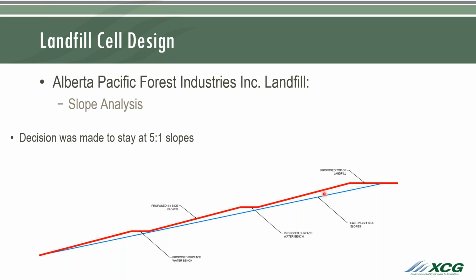So again, the decision was made to just stay at 5-to-1 side slopes and forego that extra capacity.